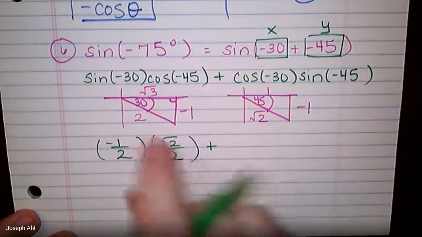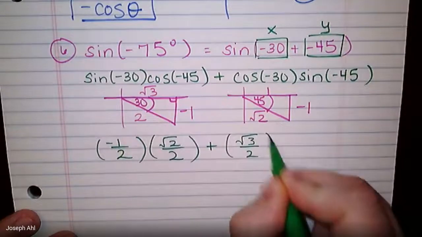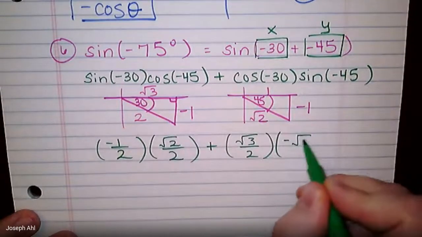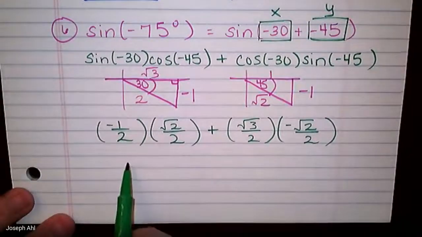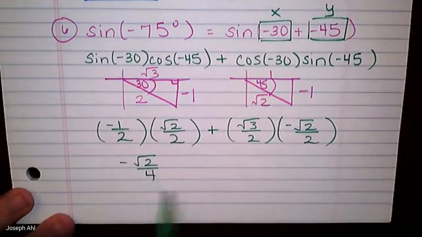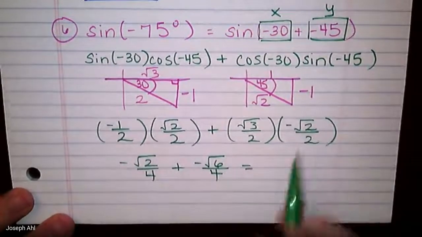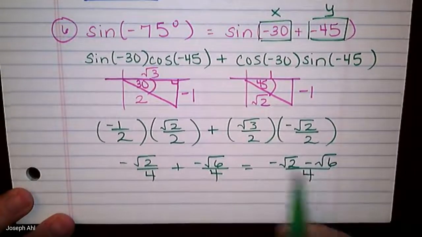Plus cos negative 30, come to this triangle, radical 3 over 2. Sine negative 45, opposite over hypotenuse is negative radical 2 over 2 when rationalized. So this becomes negative radical 2 over 4 plus negative radical 6 over 4 for a final answer of negative radical 2 minus radical 6 over 4.